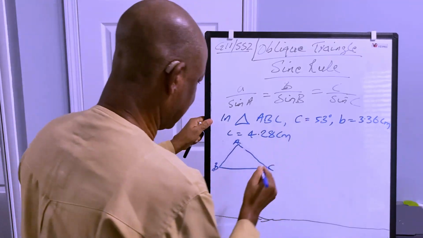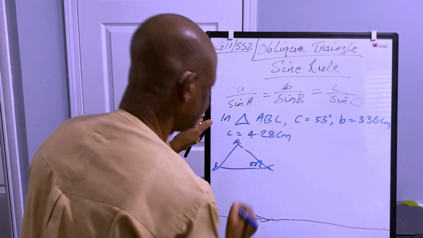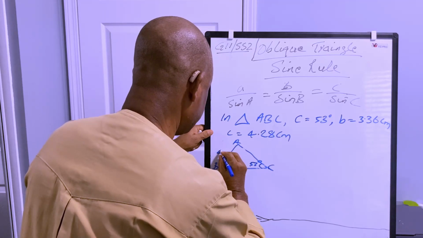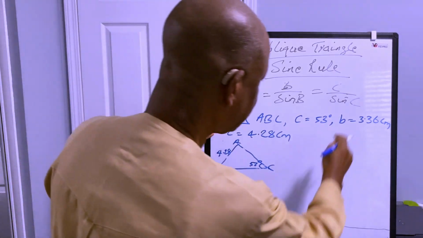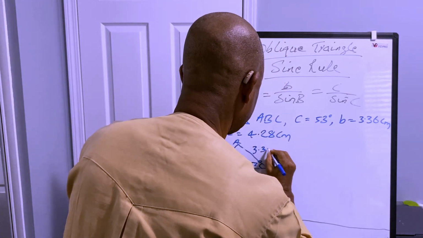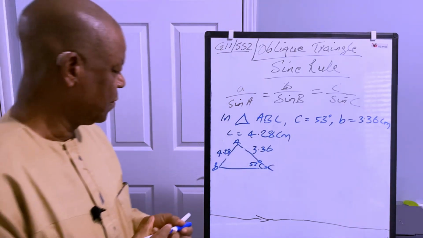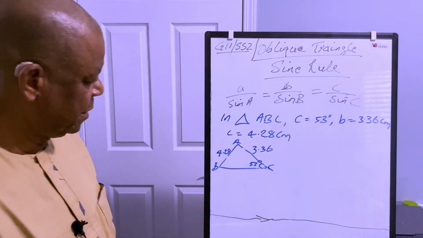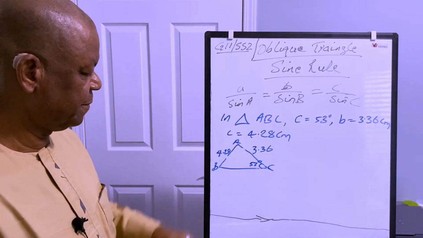We are told that angle C is 53 degrees, and side C is 4.28, while side B is 3.36 cm. So here we are given two sides and one angle, and this angle is opposite to this very given side.